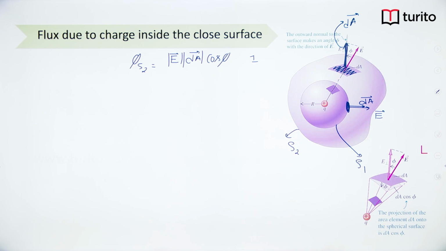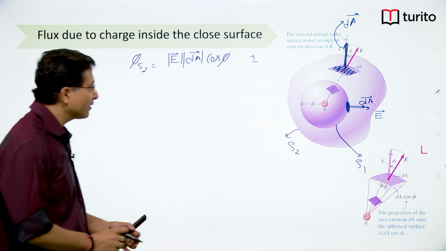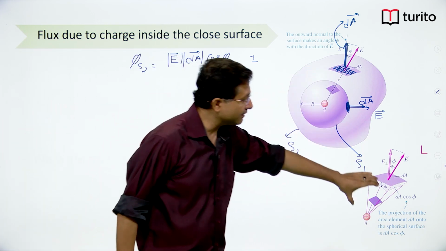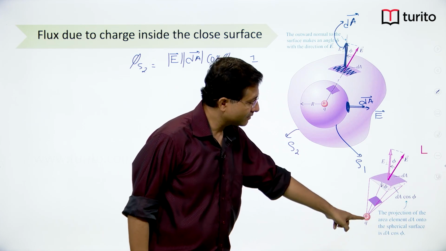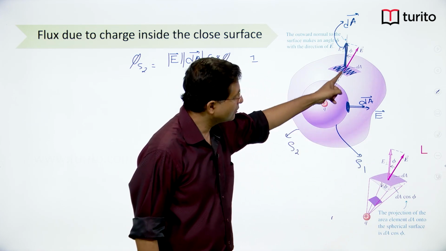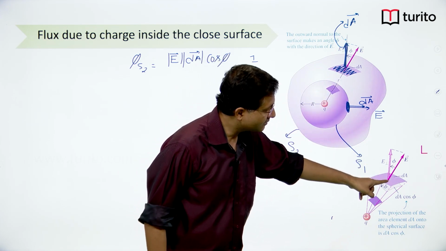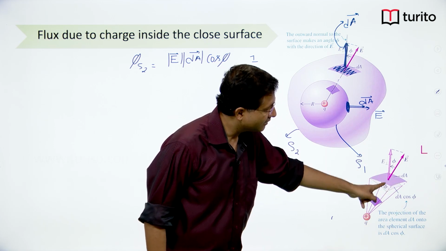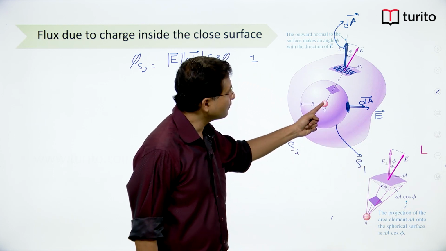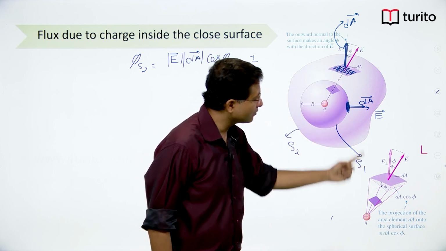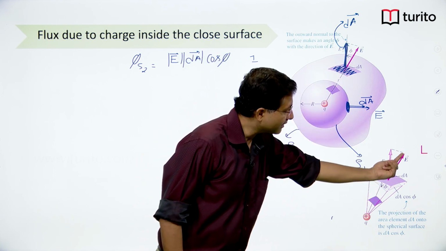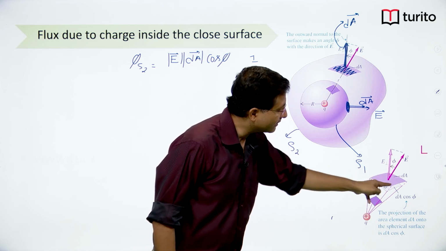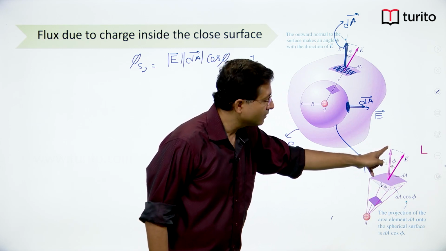So, if I draw another diagram for a better clarity, it will be something like this, right. So, this one is the area vector for this surface in this direction and field at that particular point will be along the line joining. So, this is the direction of field and the area vector here will be in this direction, right.